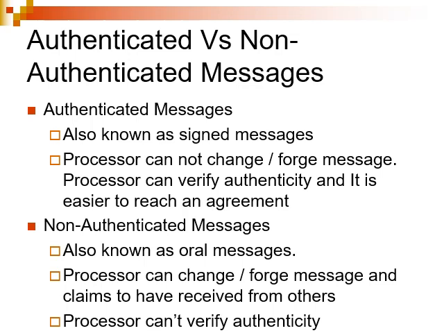But in case of non-authenticated messages, such messages are not signed, and are also known as oral messages. Processors can change or forge the message and claim to have received the message from others. So we cannot verify the authenticity of non-authenticated messages. So in such non-authenticated messages, it is very difficult to reach an agreement between the participating nodes.